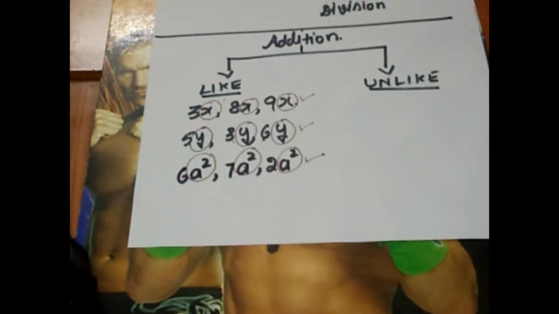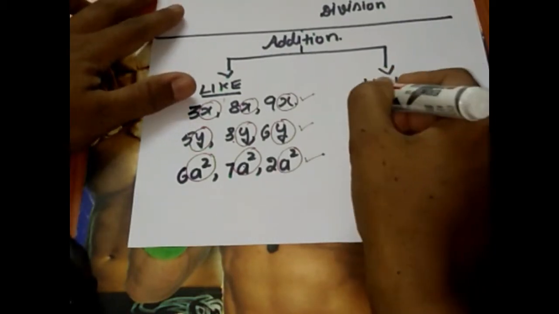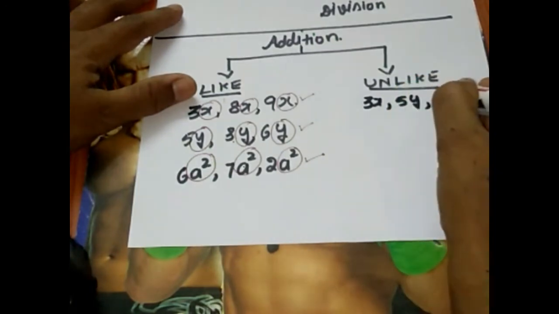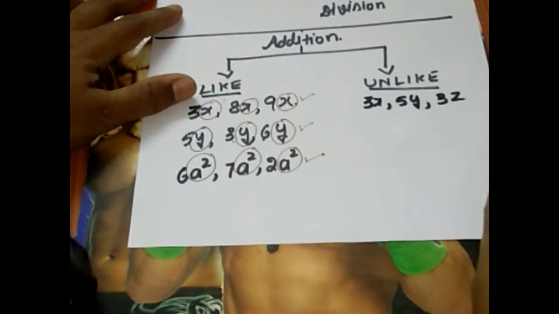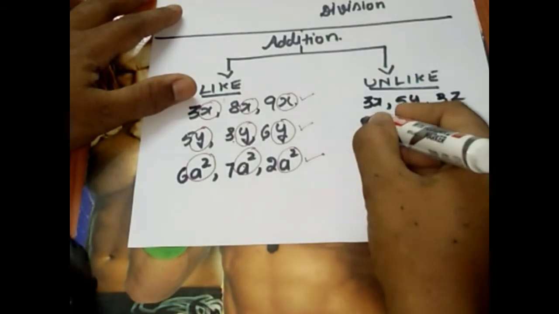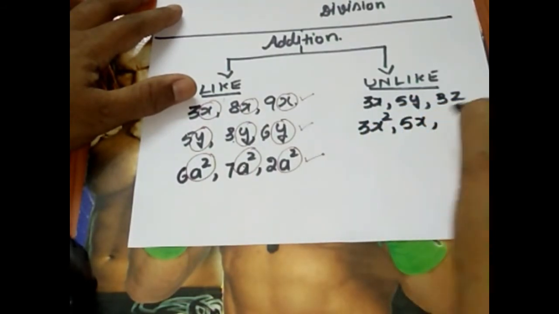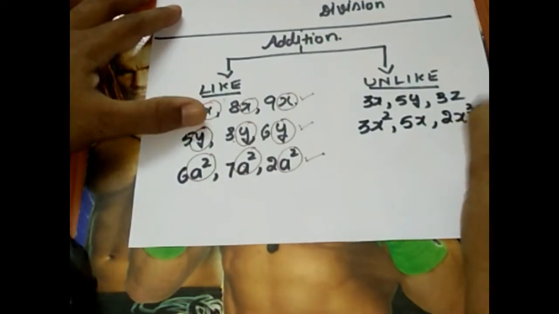Let's identify and list out few examples of unlike terms. Here 3x, 5y, 3z. Second example, 3x square, 5x, 2x cube.